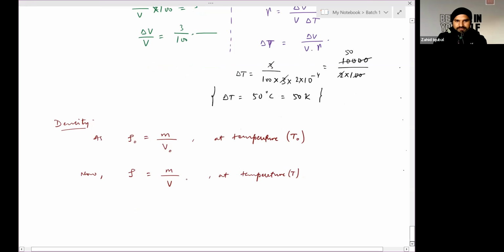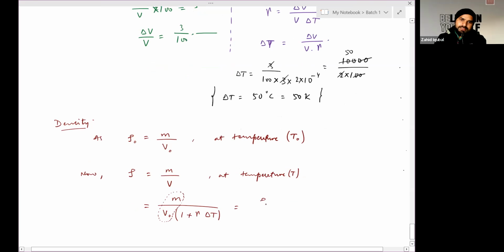So put the value of volume according to expansion, V0 times (1 plus gamma delta T). Now this mass divided by volume is density.